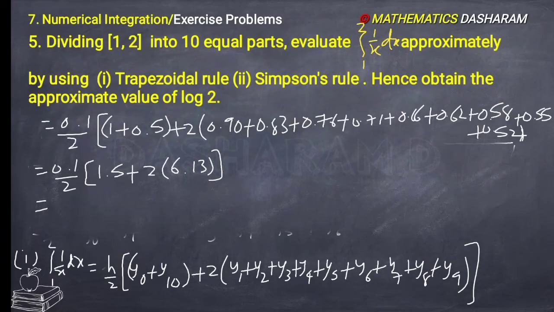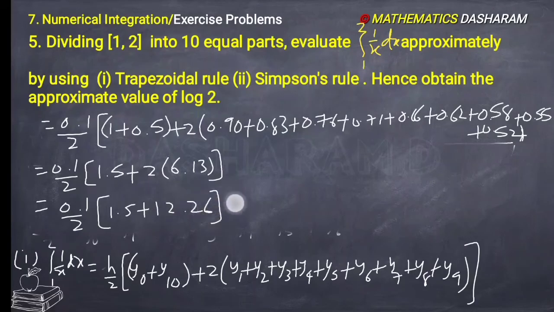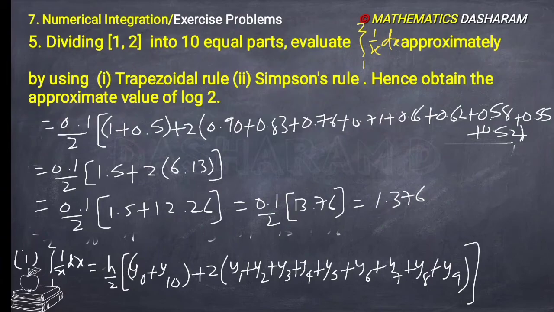So it is 0.1 divided by 2 times (1.5 plus 2 into 6.13, which is 12.26). 1.5 plus 12.26 is 13.76. So 0.1 into 13.76 is 1.376, divided by 2, which equals 0.688. This is our required answer.